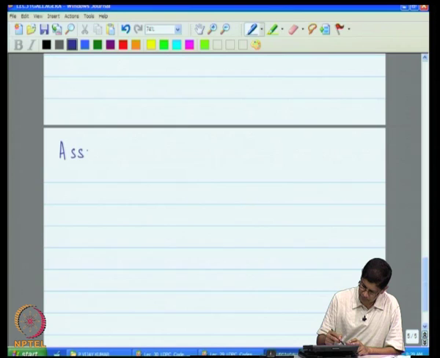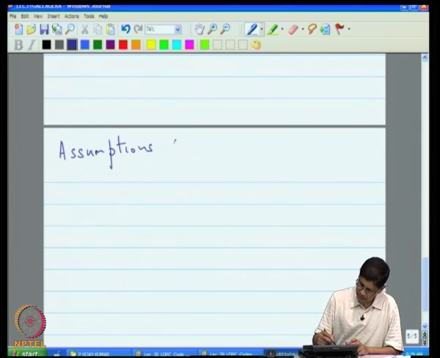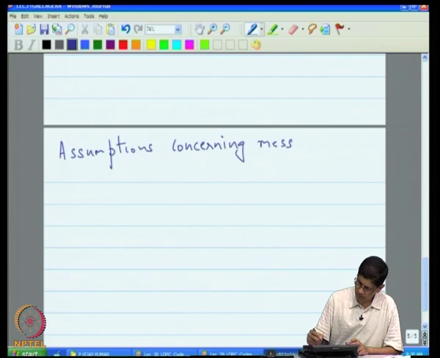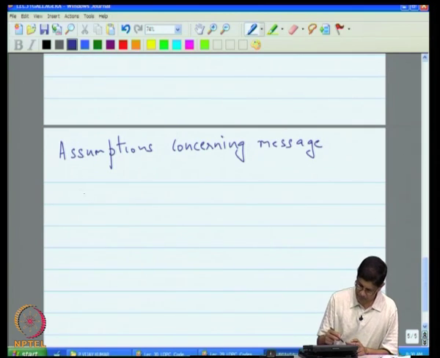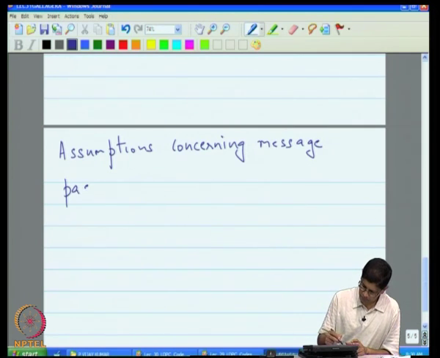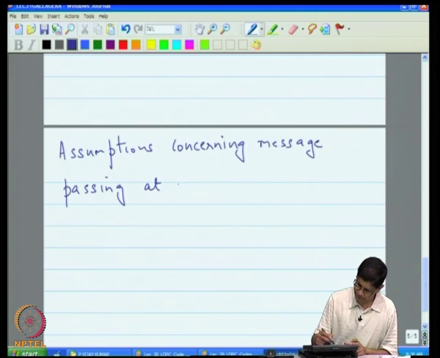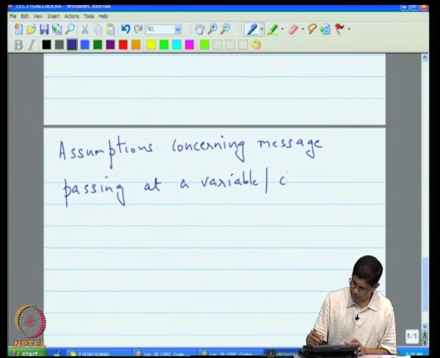So, assumptions concerning message passing at a variable or check node.